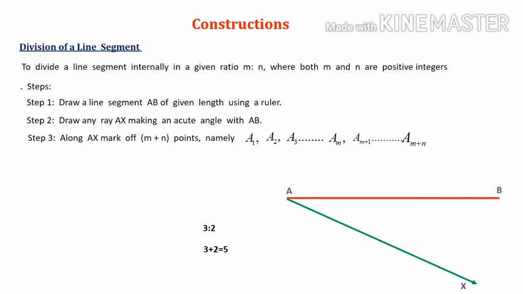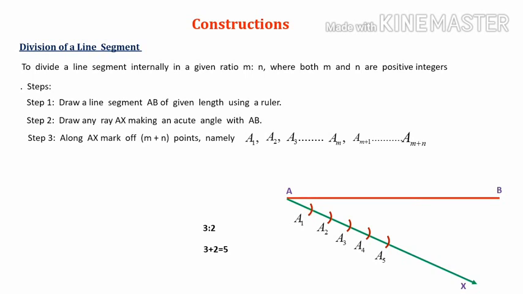How to mark: you know how to draw an arc. Just take the compass and take a particular length. Any length you can take according to convenience. Using that length you have to draw the arcs along AX. First you start from A with that radius and draw an arc here.